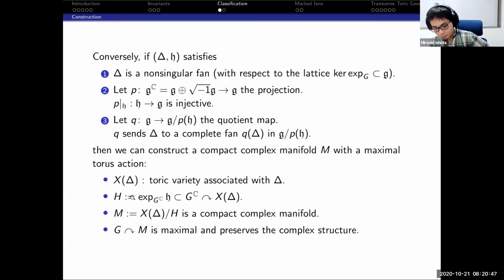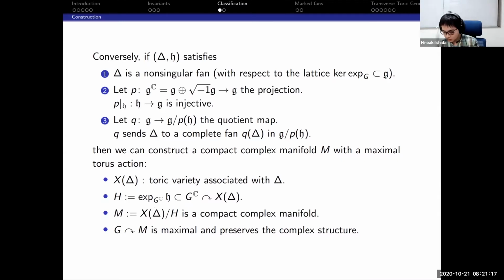So the image of the exponential map is a subgroup of the algebraic torus acting on the toric variety. So we consider the quotient space of the toric variety by this subgroup, and we can see this quotient space is a compact complex manifold.